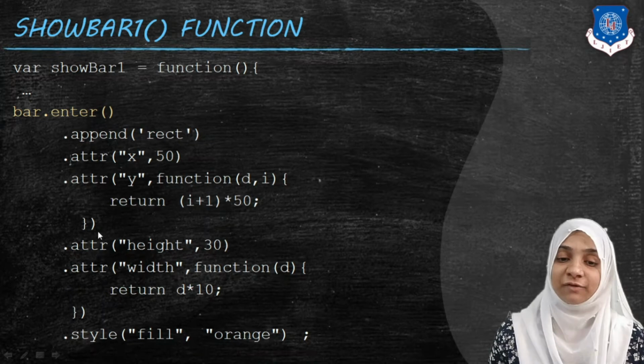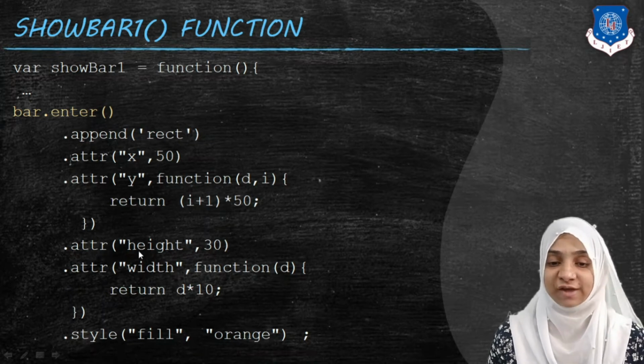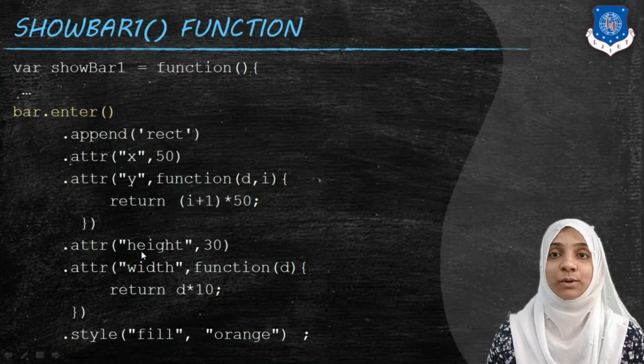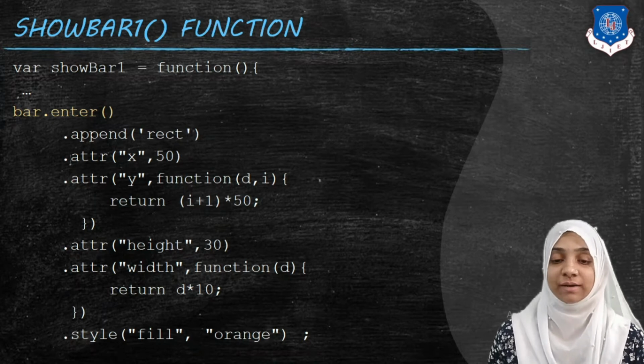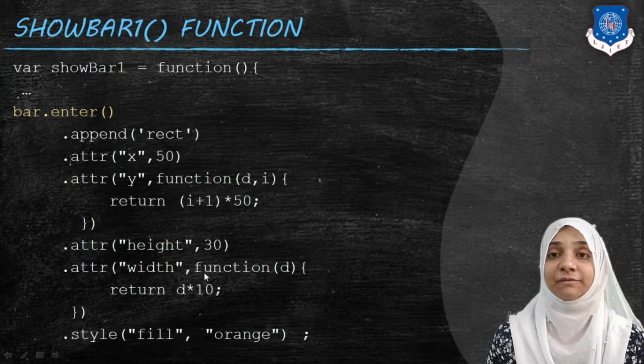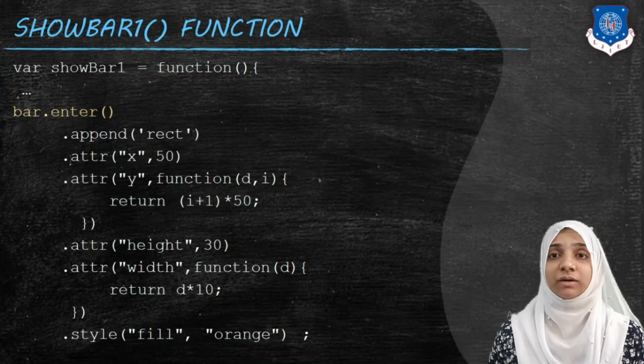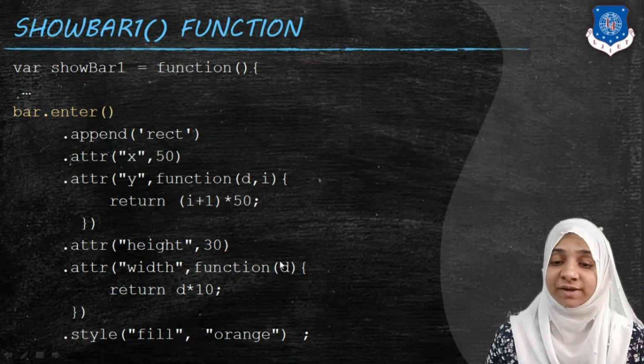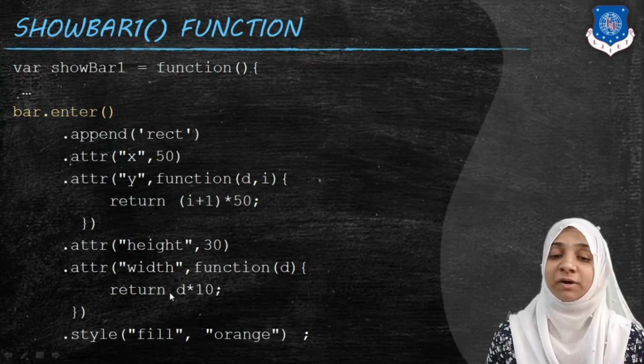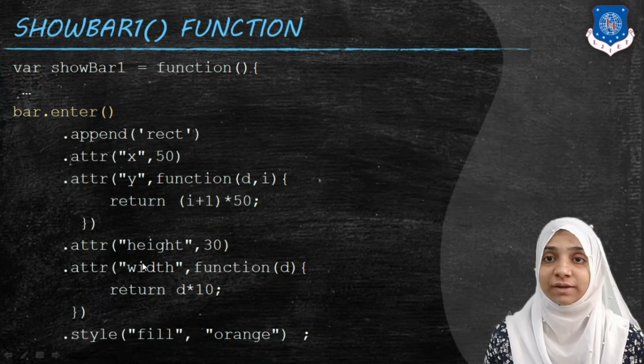Now after setting the y attribute, the next attribute is height. We must decide what the height of each bar is. For example, here we are setting the height of each bar to be 30 pixels. And width: again, the width of a bar is actually representing the data. That's why it must get associated with a function of data. Whatever the data value is, it must get associated with it.